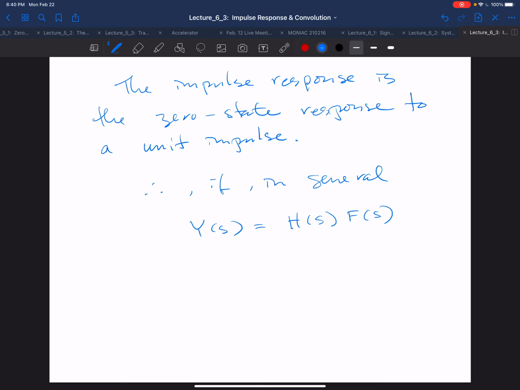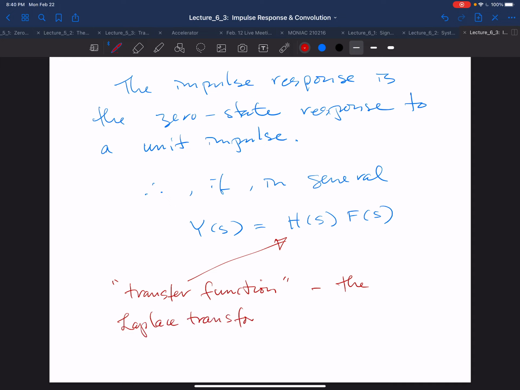We know that this H(s) is the transfer function. That's what we're calling it. And we know that in fact it represents the Laplace transform of the zero state response to a unit impulse. In other words, the Laplace transform of the impulse response of our system.